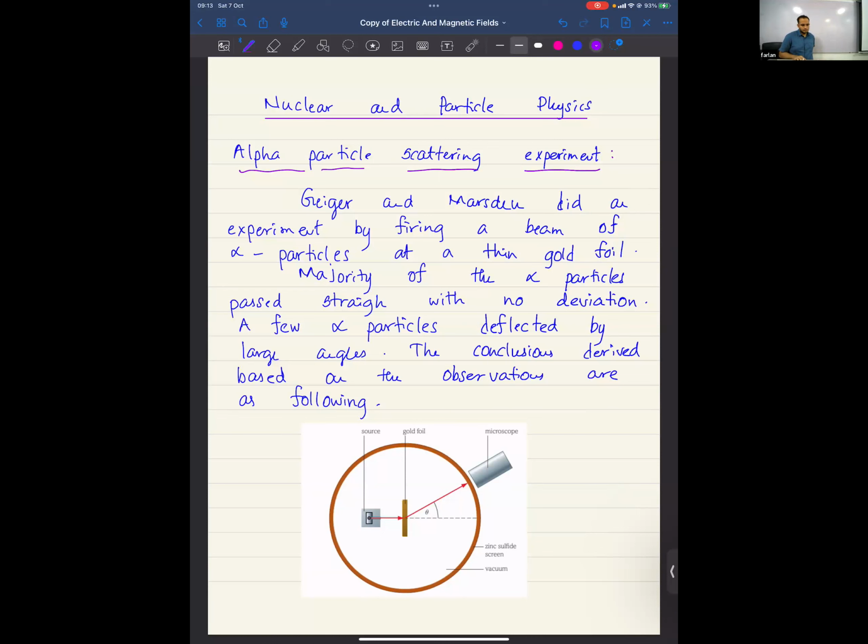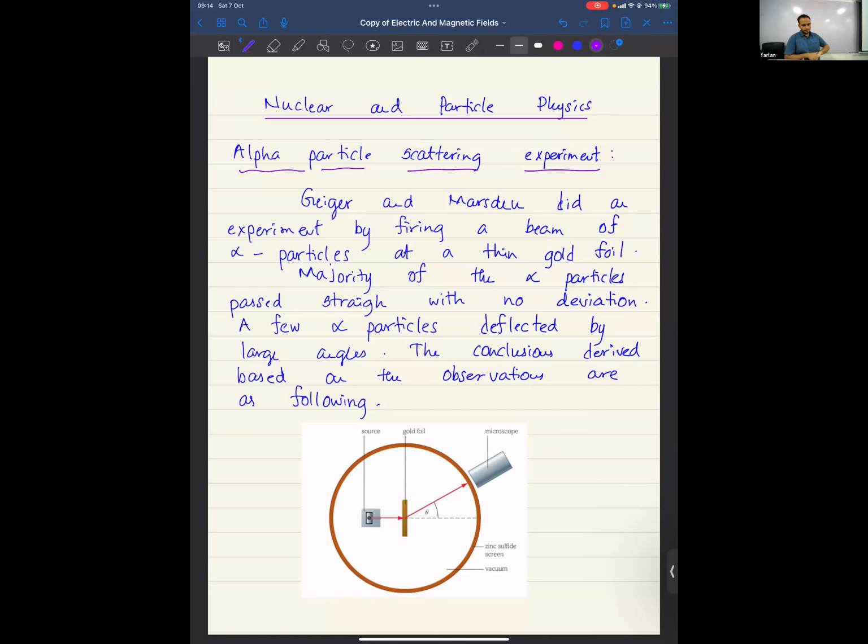Full stop. A few alpha particles deflected by large angles.